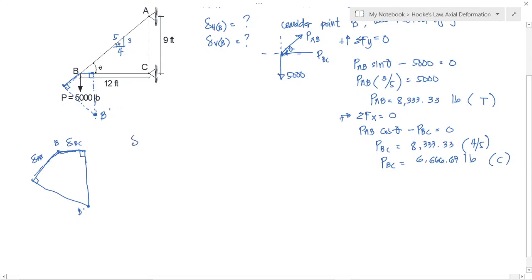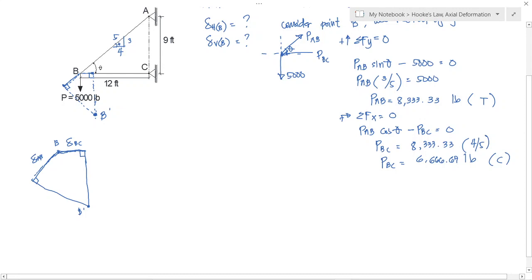So therefore, ang horizontal movement niya will be equal to the deformation of BC, right? Since we don't have values pa nung deformation ng BC and AB, determine na muna natin.